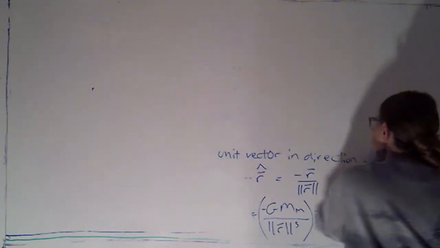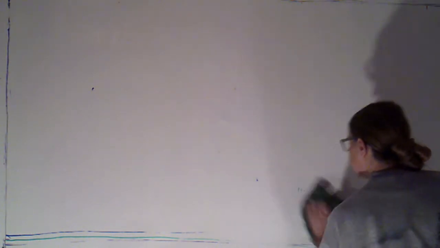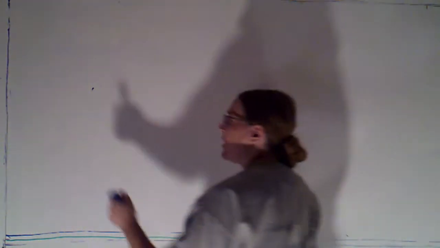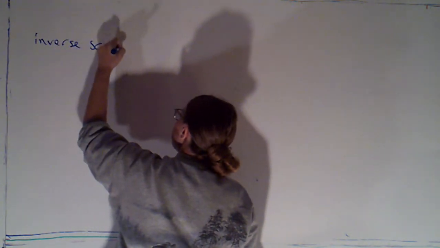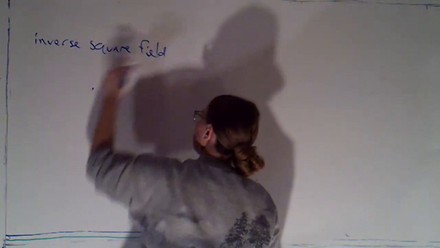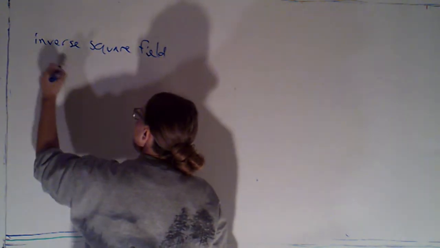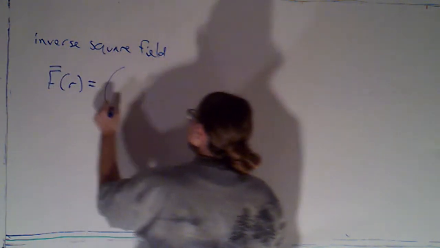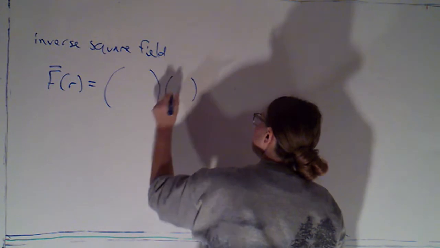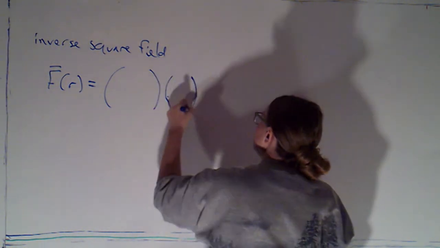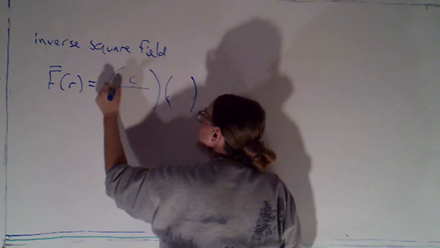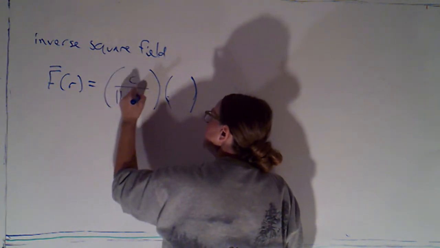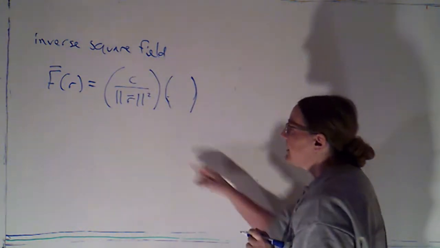And in general, we can always write an inverse square field this way. If I have an inverse square field, it's going to be f of r is the magnitude times a unit vector. The magnitude is going to be some constant divided by the magnitude of r squared.